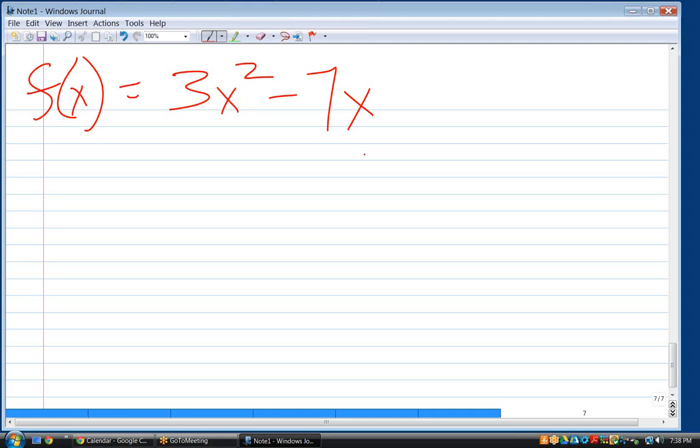I can factor an x out. In other words, that's equal to x times 3x minus 7. Oh, it's one of those f of x plus h minus f of x over h problems. If this is f of x, and they want to know what f of x plus h is?